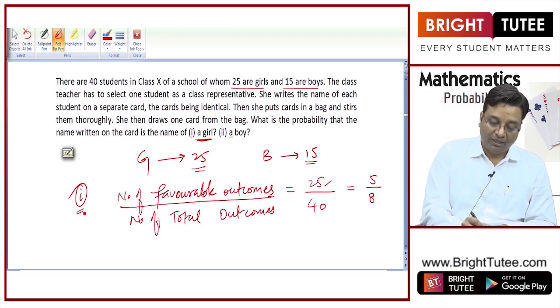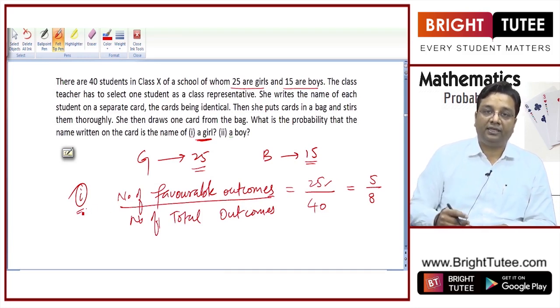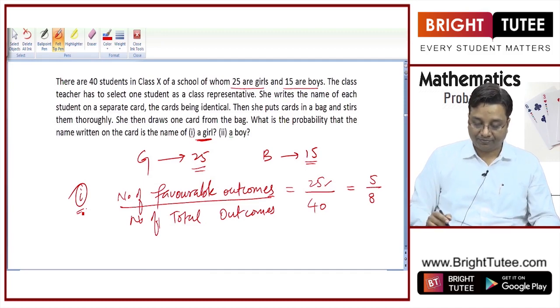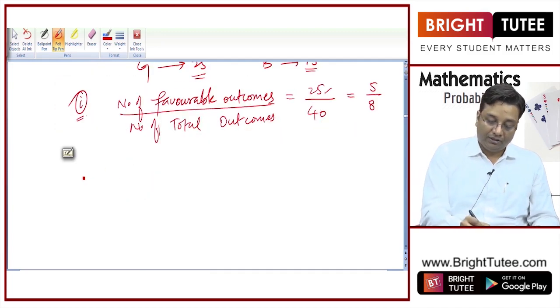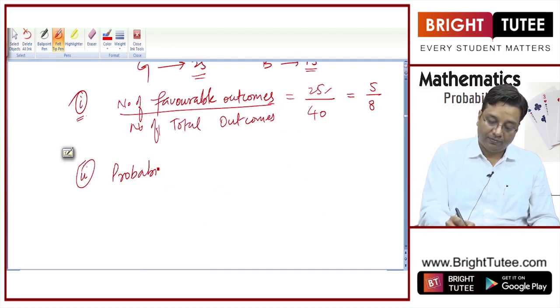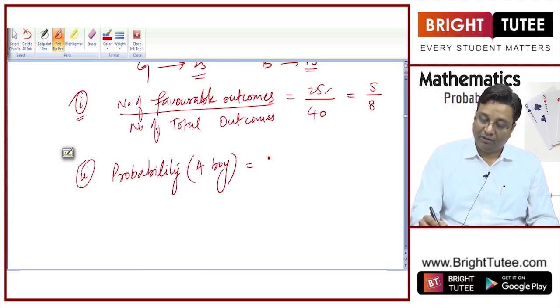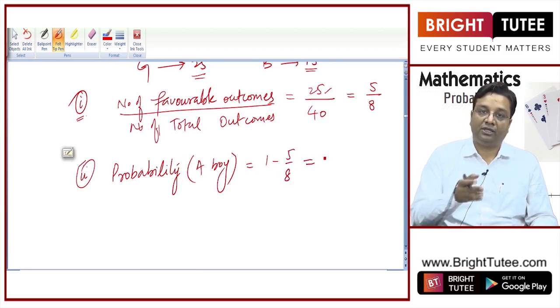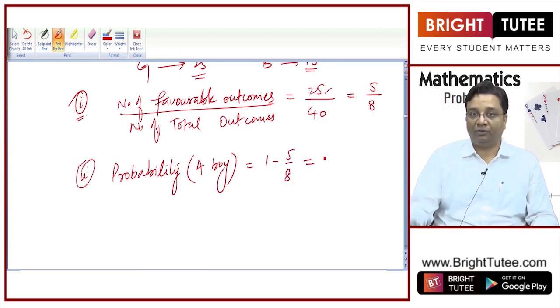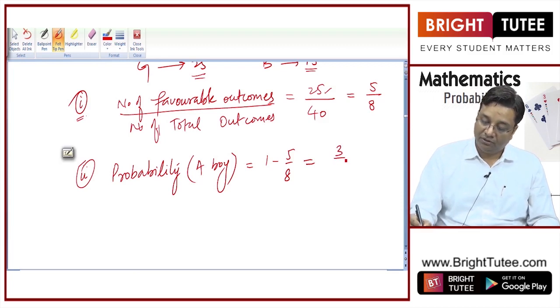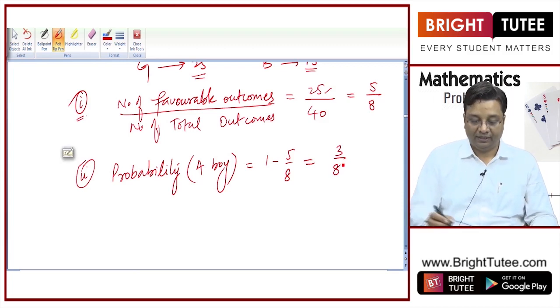So, this is the probability of getting a card in the name of a girl. So, the probability of getting a card in the name of a boy is equal to, this can be calculated in two ways, 1 minus 5 by 8, because if it is not a girl card, then it will obviously be a boy card. So, it is equal to 3 by 8, right.